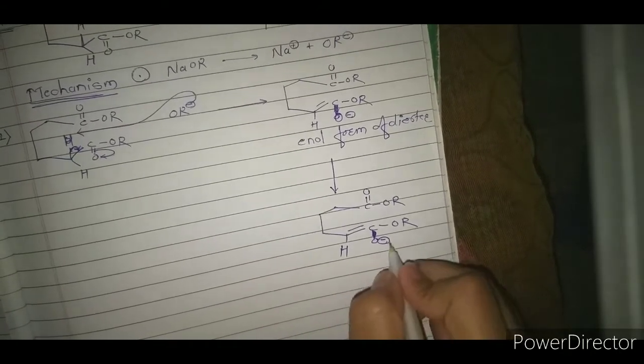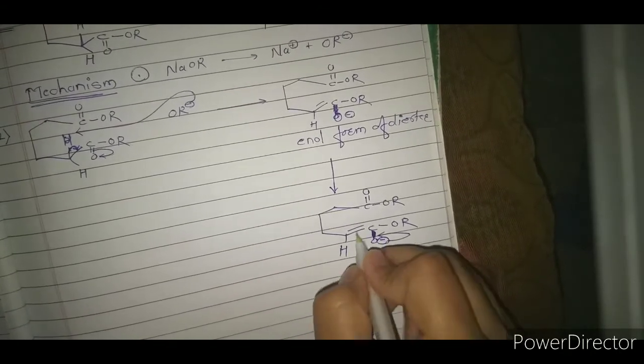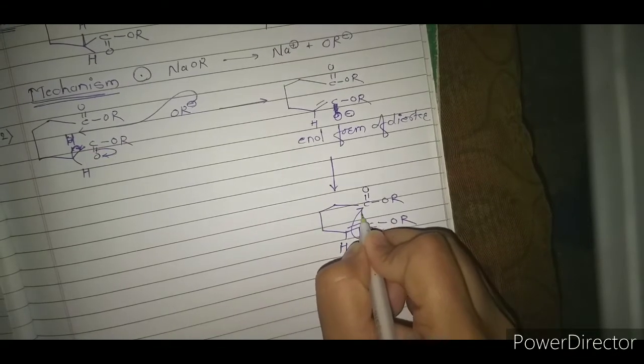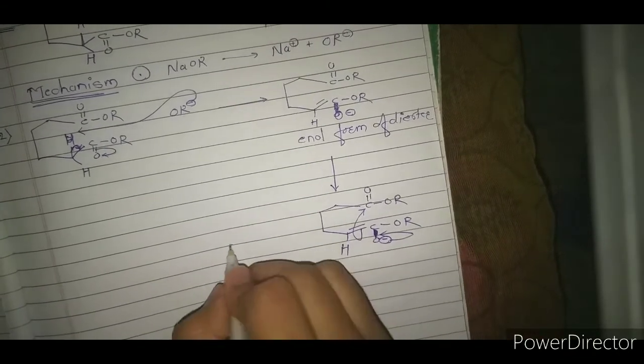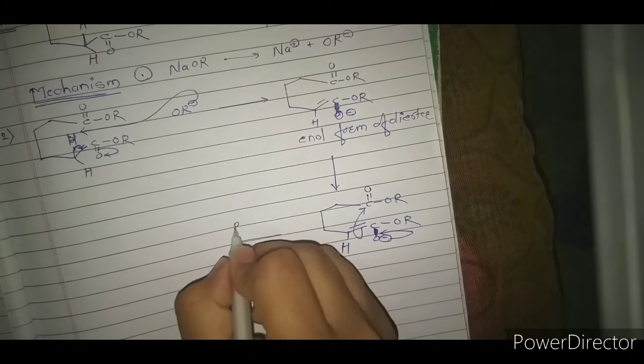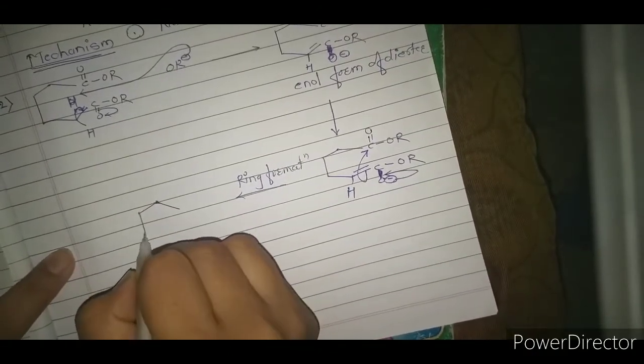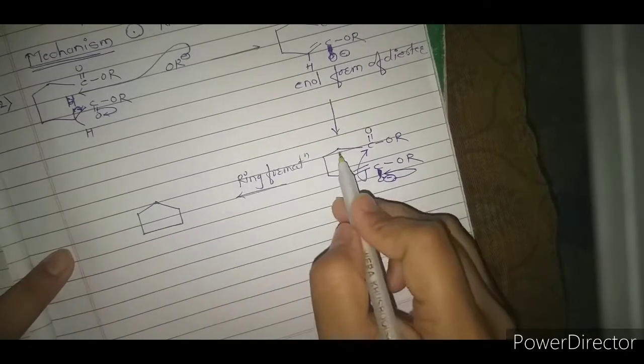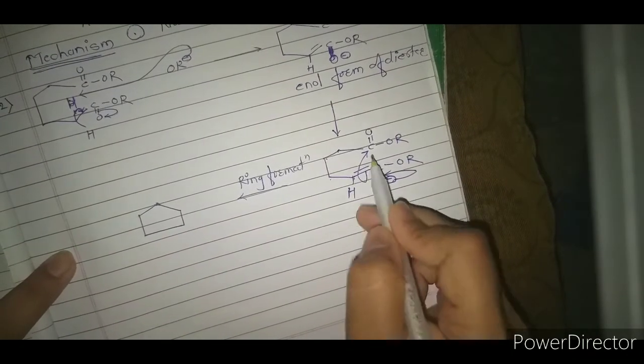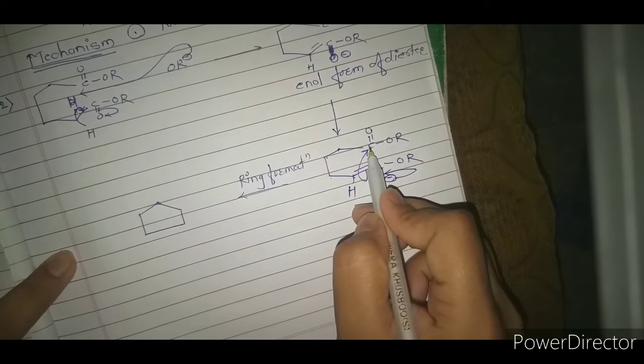So what happens in this step? This electron is transferred here and this bond attacks the carbonyl carbon, and cyclization or ring formation takes place. 1, 2, 3, 4, and this is your fifth carbon, so it forms a 5-member ring.